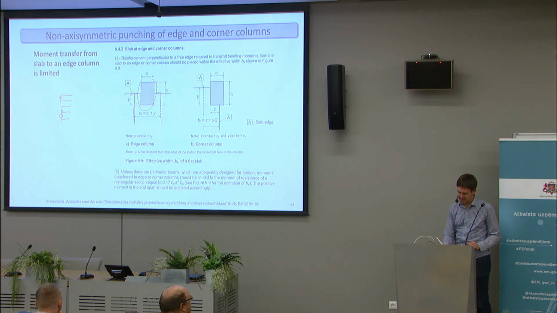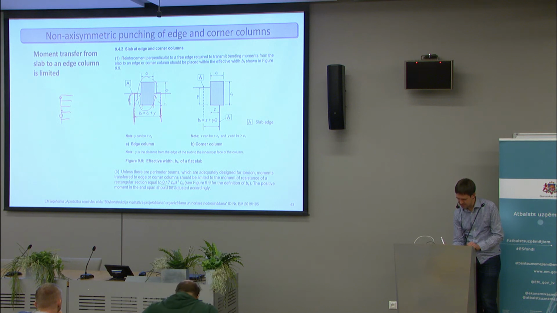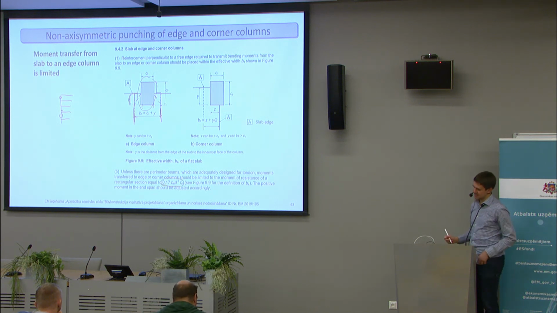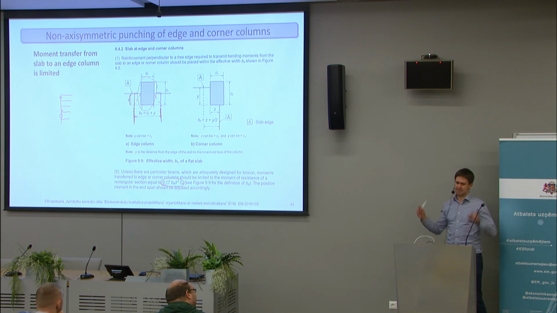You just need to take into account the width of a strip, that is basically the width of the column plus the distance to here, at 45 degrees from here, and then the moment that can be transferred can be calculated like this. It basically limits the depth of the compression zone.